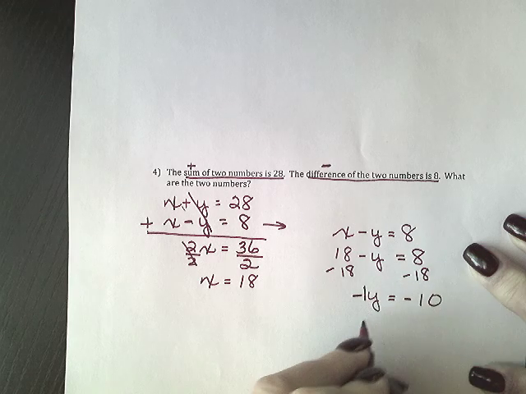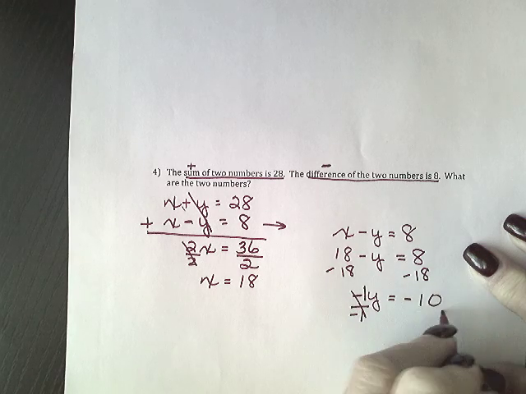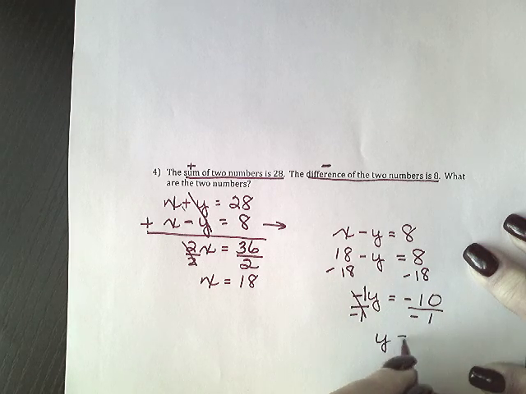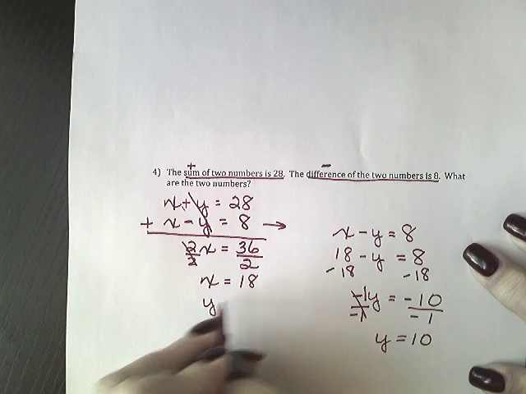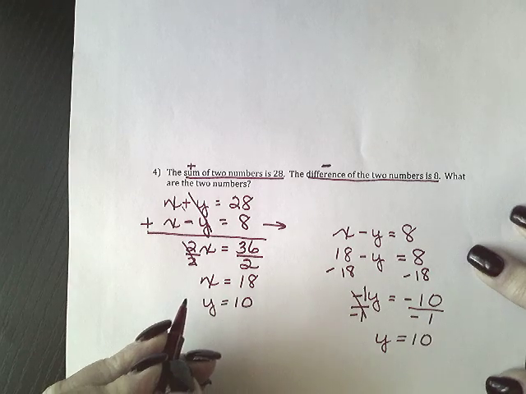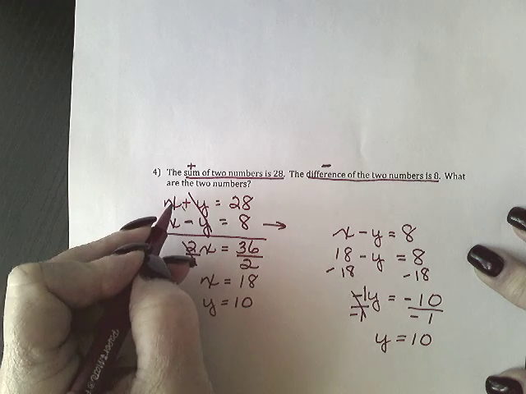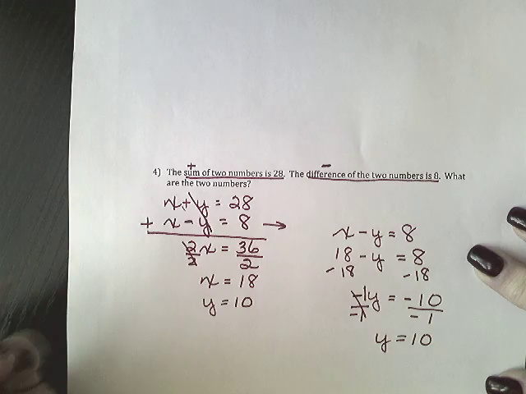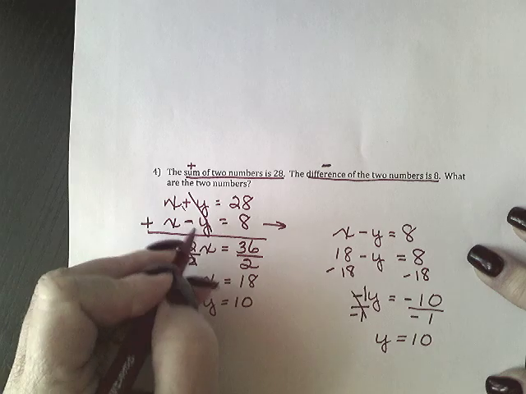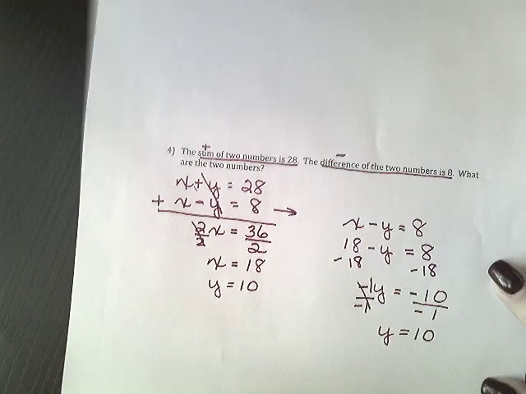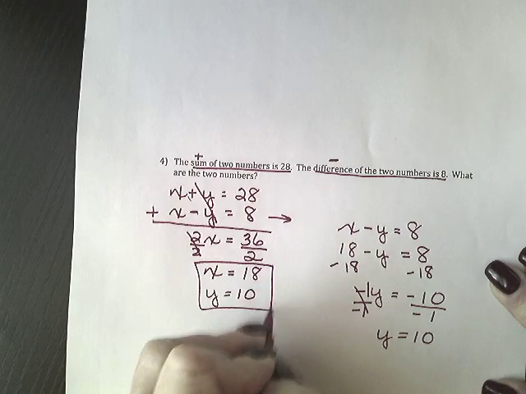But don't forget there's a 1 in front of this, so I have to divide both by negative 1. Y equals 10. So does that answer make sense? If I come up here, 18 plus 10 is equal to 28. 18 minus 10 is equal to 8. So my answers would be 18 and 10.